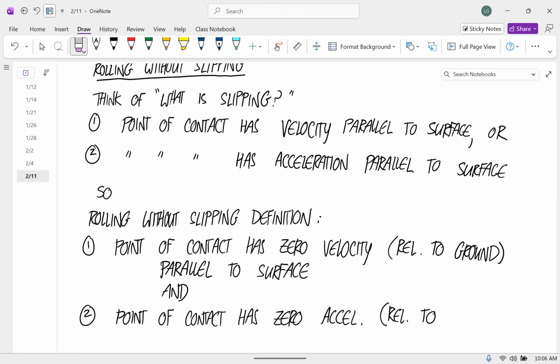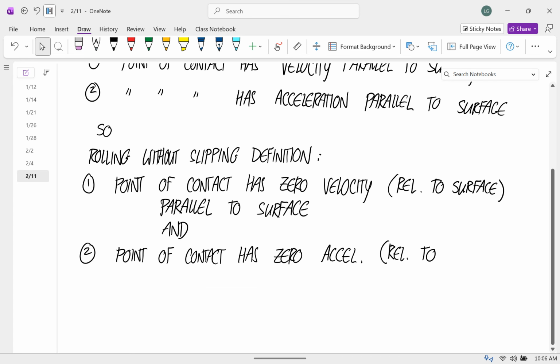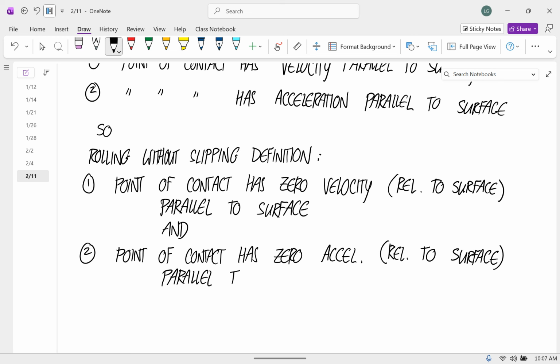The way we think of ground is like some inertial reference frame that we reference everything to. We don't really care about that. All that matters here is the surface that it's rolling on, parallel to the surface. Okay, so those are the requirements for something to be rolling without slipping.